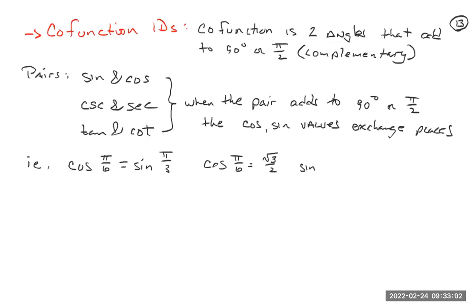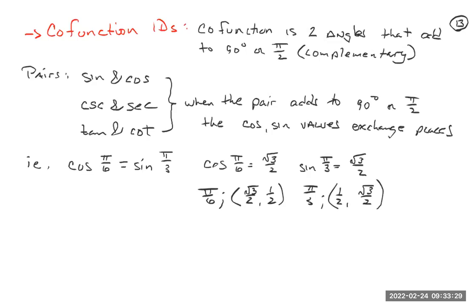And the sine of pi over 3 is square root of 3 over 2. Take a look. Pi over 6 is square root of 3 over 2, 1/2. Pi over 3 is 1/2, square root of 3 over 2. Right? They exchange places.